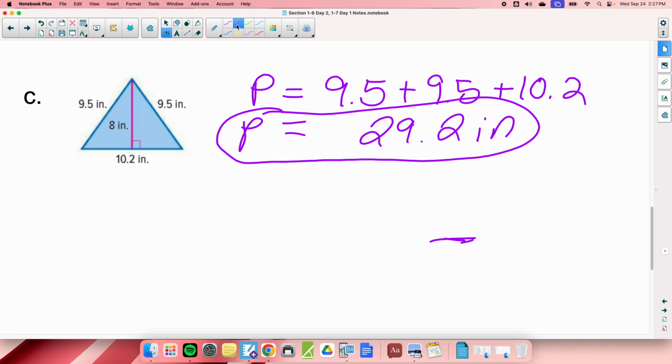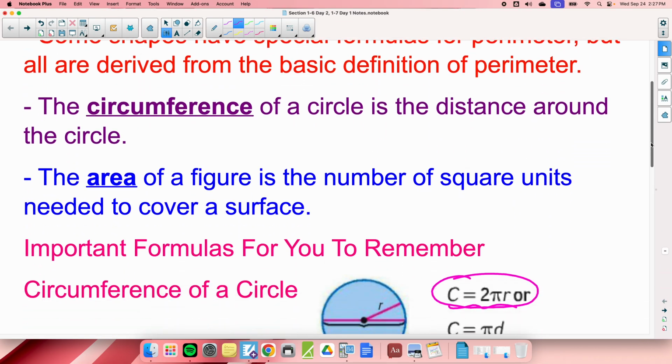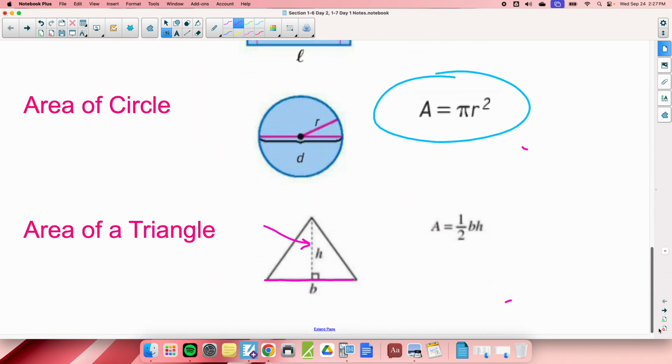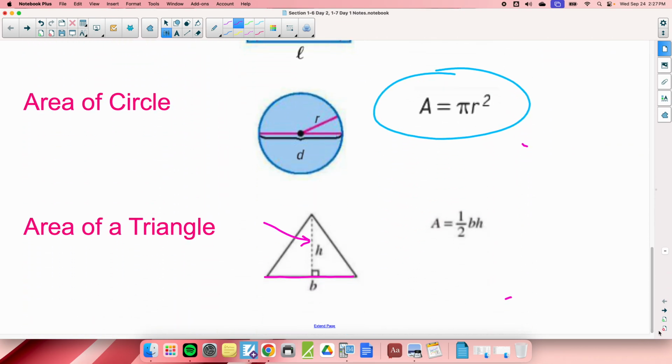Okay, now we're doing area of the triangle. And you guys have a cheat sheet. So you're gonna go to your cheat sheet, find the triangle. On your cheat sheet, where it says half, you can put it as 0.5 base times height if you don't want to use a fraction.